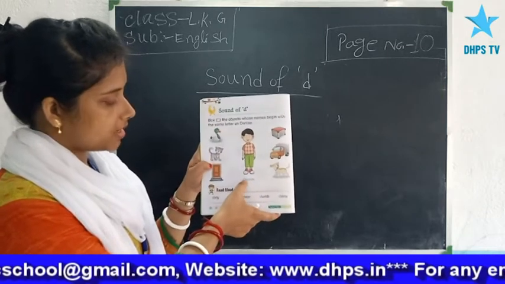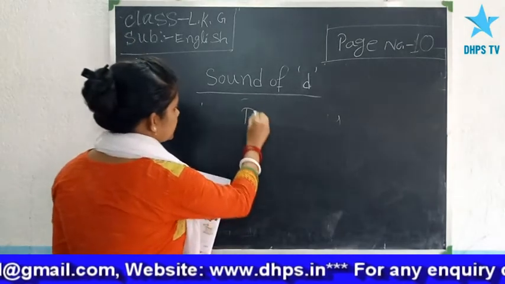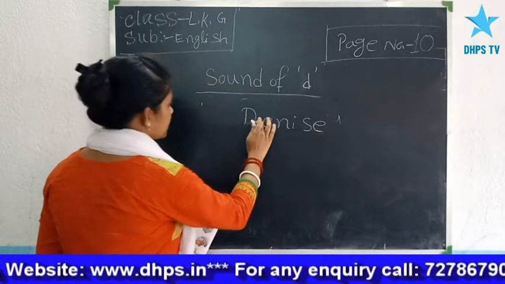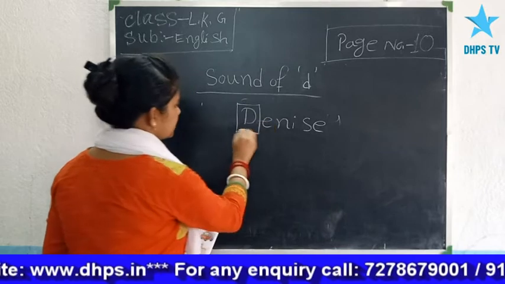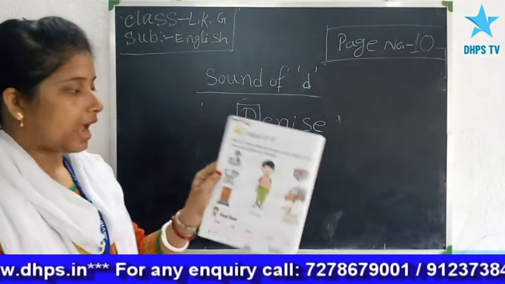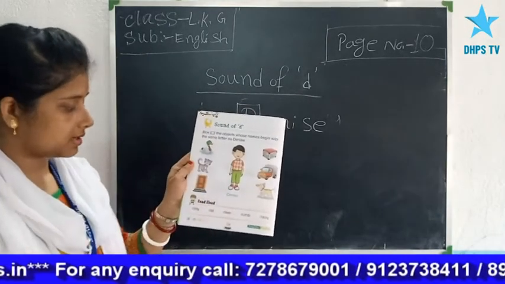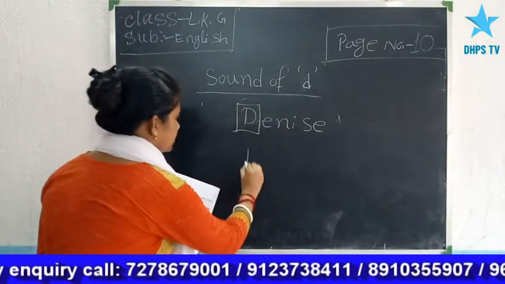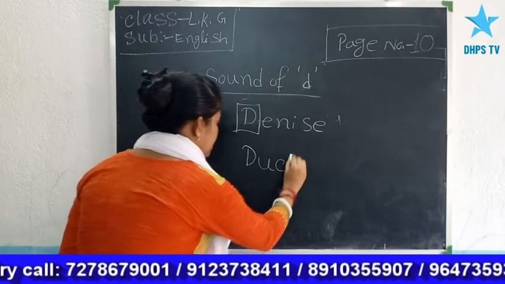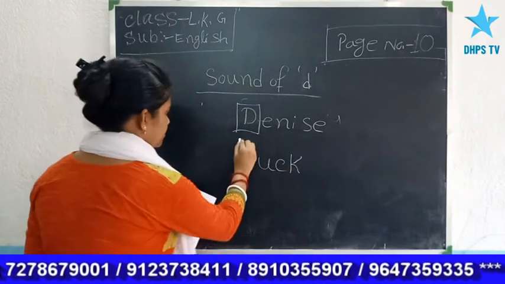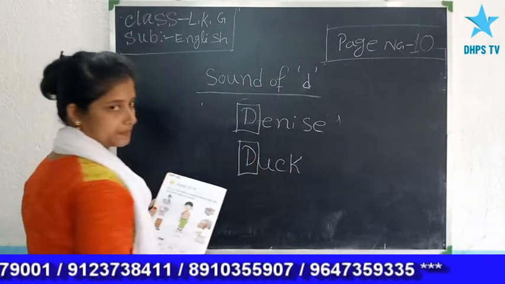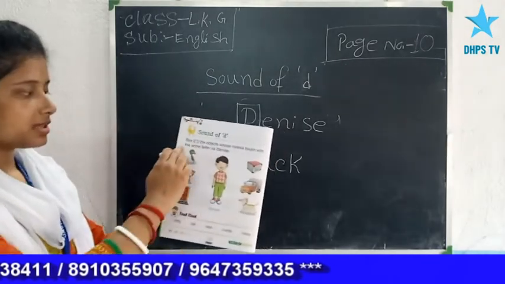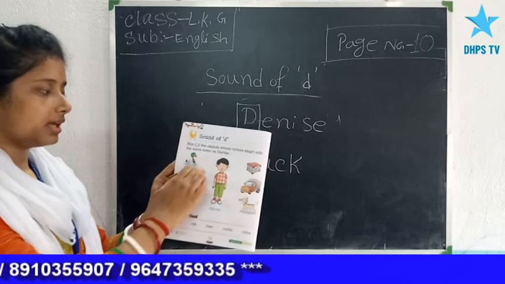The first letter of Denice is D. Okay, and now see all the pictures. What is this? This is a duck. D-U-C-K, duck. The first letter is D, and the first letter of Denice is also D. So just box around the duck.